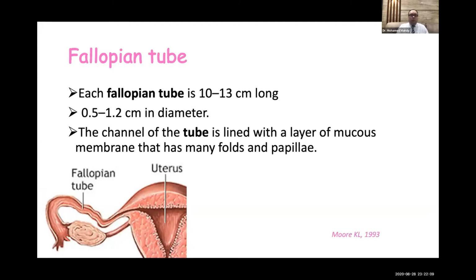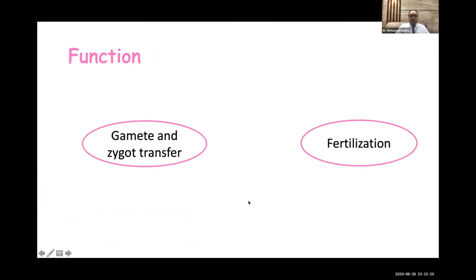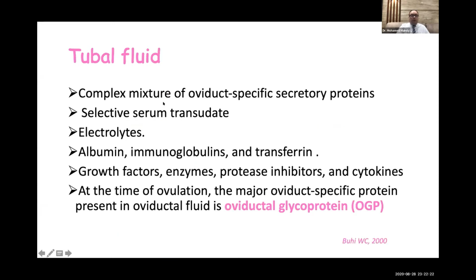The channel of the tube is lined with a layer of mucous membrane that has many folds and papillae. Tubal fluid has a complex mixture of oviduct secretory proteins.